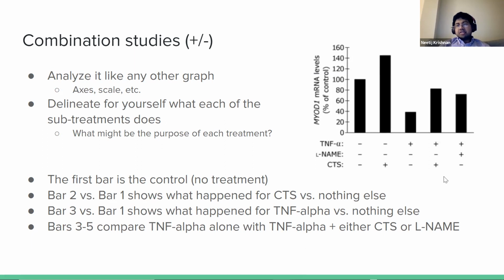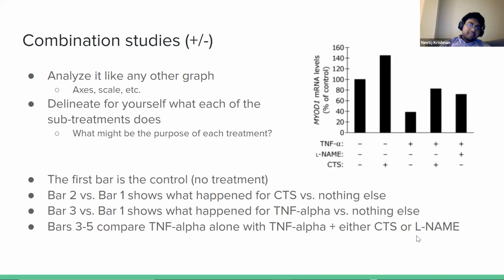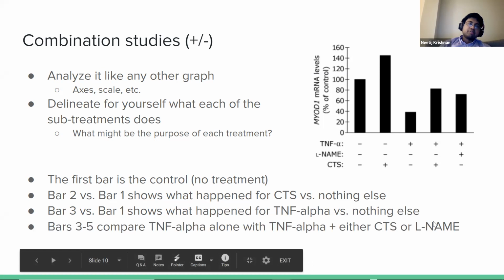Maybe they're in opposition. We see first of all that TNF alpha by itself is causing a huge drop in mRNA. But if we add CTS or L-name, we see a partial restoration of those mRNA levels. So maybe CTS and L-name are working against TNF alpha. So we can get a lot of information if we systematically go through this type of figure.